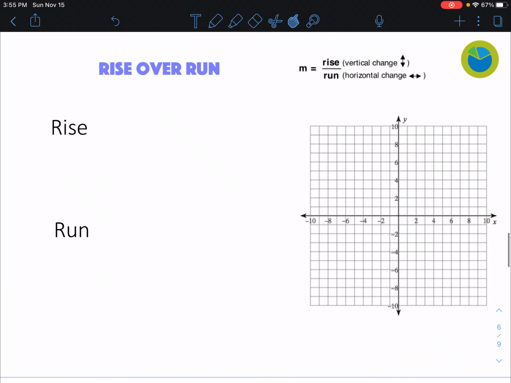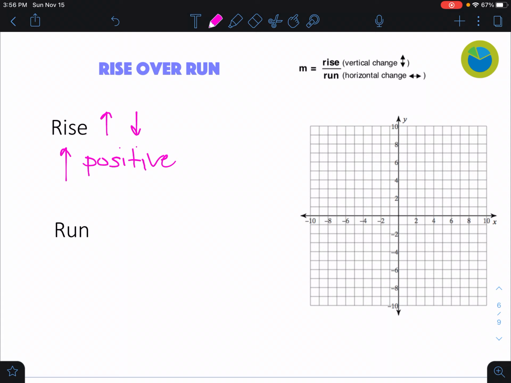As we just said, rise is up and down. Just think of an elevator going up and down. You always start with this number when you're trying to find your slope. That should be on top of your fraction. When you go up, this should be a positive number when you count up.